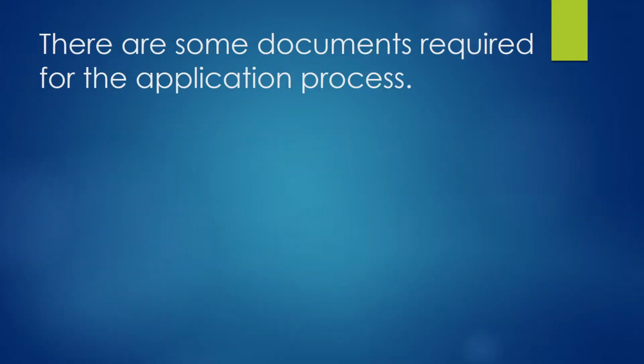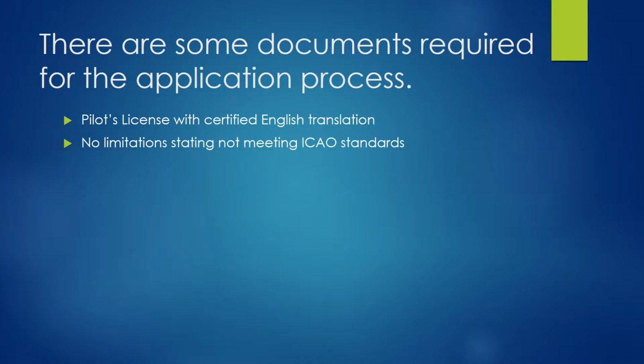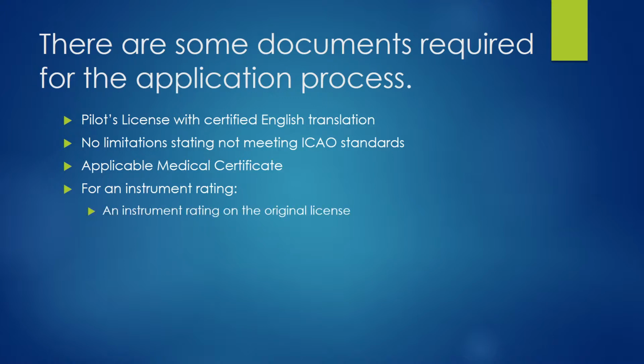As posted on the Electronic Code of Federal Regulations, Title 14, Part 61, Paragraph 75, last updated on October 25, 2017, you will need your pilot's license with the certified English translation if it is not in English, no deficiencies meeting ICAO standards, and an applicable medical certificate from the FAA or from the country where your pilot's license was issued. For an instrument rating, your original license must have had it, and you must have passed an FAA Instrument Foreign Pilot Test within 24 months of the application.